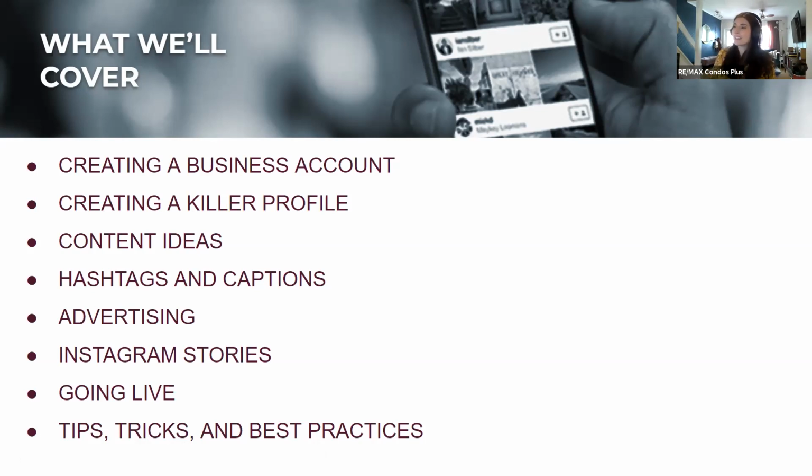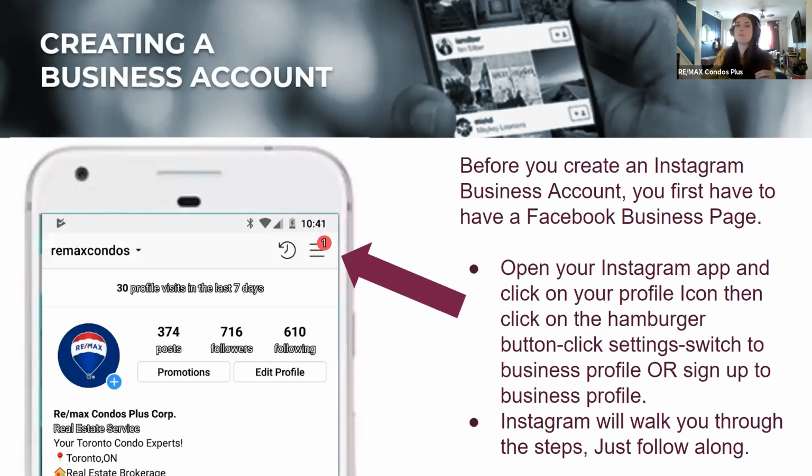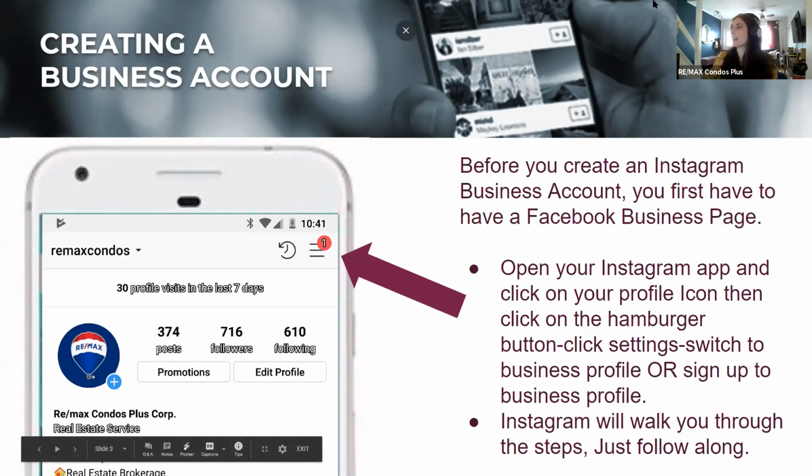So I'm going to get started. First thing, before you create an Instagram business account, you're going to need a Facebook account, or you're going to need a Facebook business account. I'm really hoping that most people at this time have one. Actually, what I'm going to do now is stop my screen share and share my phone.